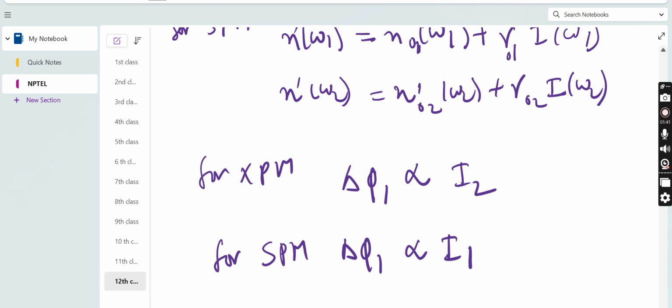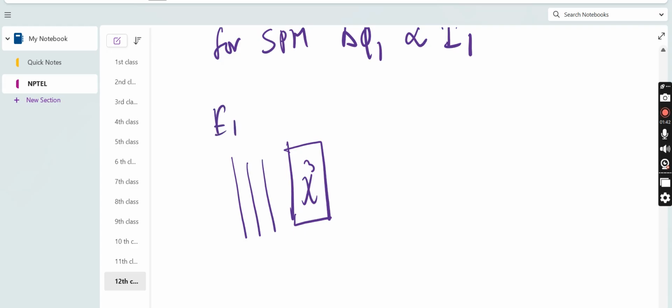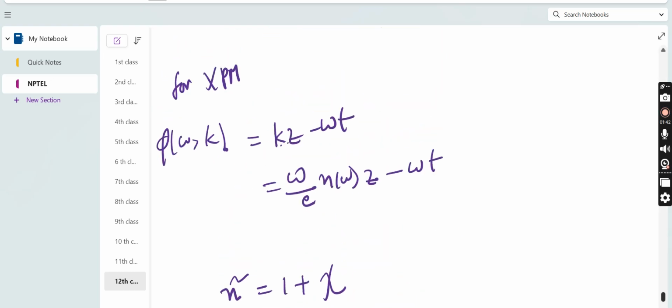So when we have a self-focusing material, type 3, E1 is like this, you will get a focus point. So this is called self-focusing.